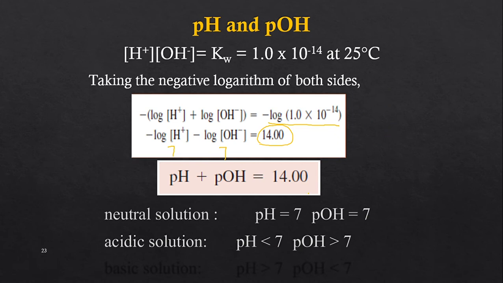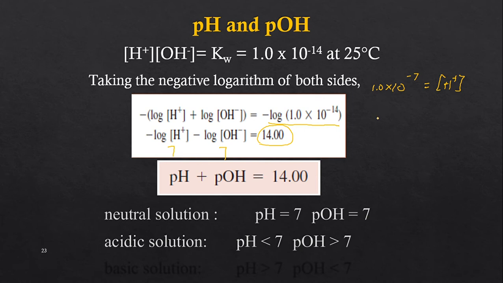So again, our neutral, right? This is 1.0 times 10 to the -7. When this is our concentration of hydrogen ion, then we can say that it is neutral.